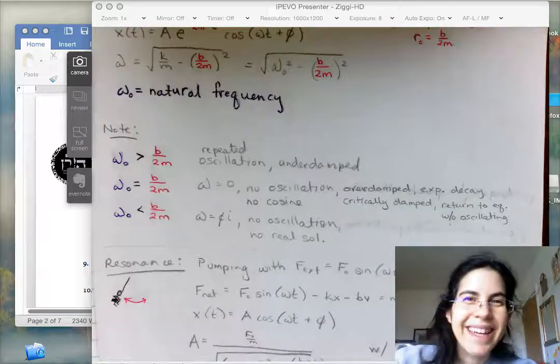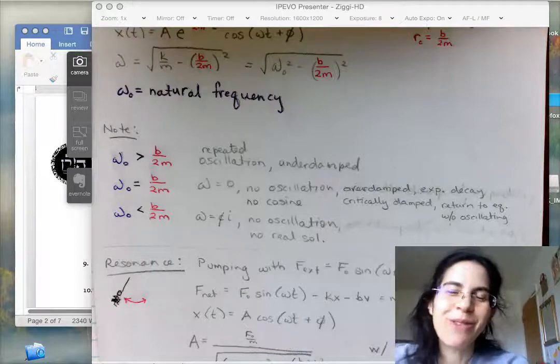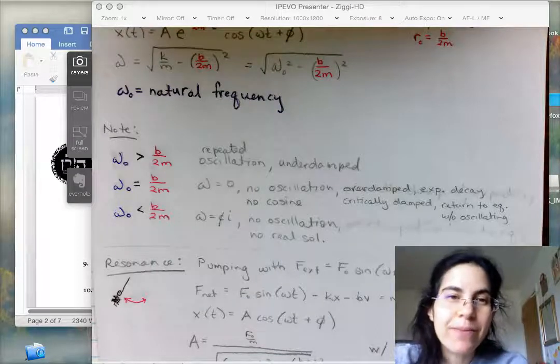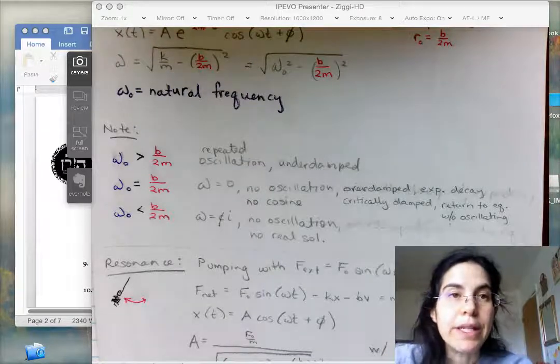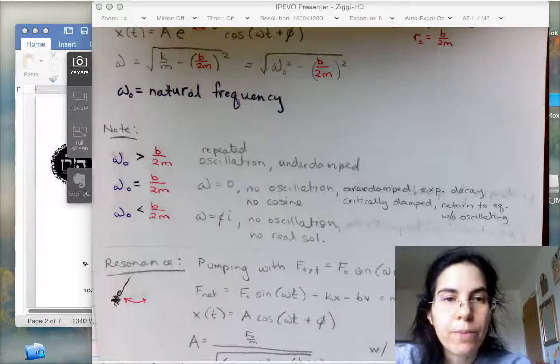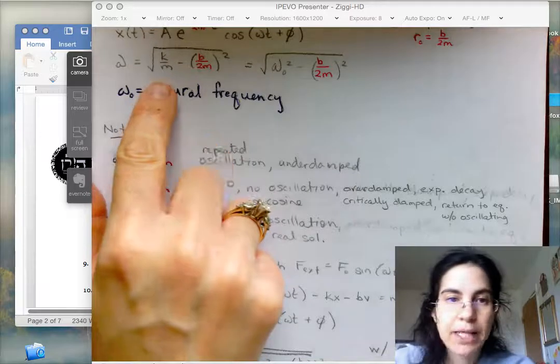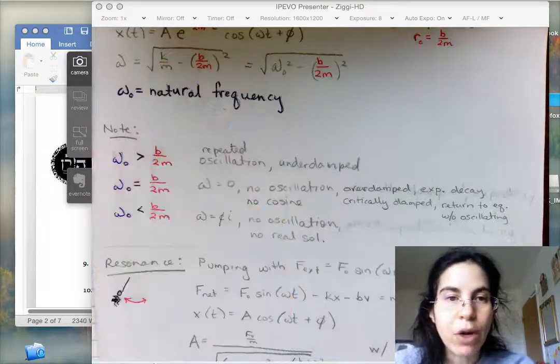Now, if you haven't done your online lab yet, press pause and try it first before taking notes on the solutions. You can see from what's under the square root in the angular frequency term above for the damped harmonic system that there are going to be three cases here. One of them is the big positive and obvious one, where omega naught is greater than b over 2m.